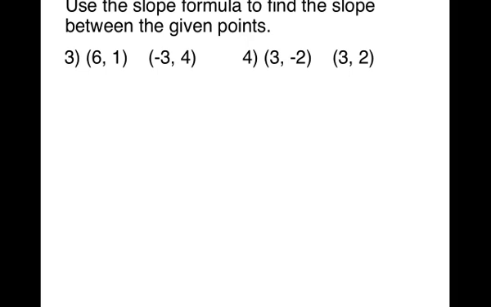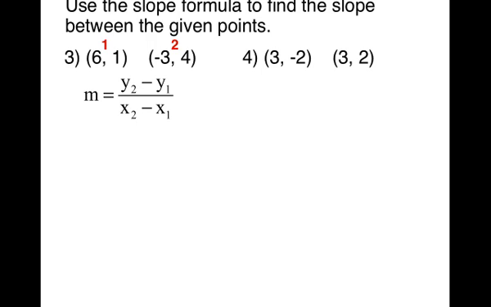Would you try problems 3 and 4 on your own, or at least try problem number 3, and let's see what you get. So pause at this point and try to solve it. Okay. Did you label them 1 and 2 to help you remember? I highly recommend that. It seems silly, but it's going to help you keep from making mistakes.